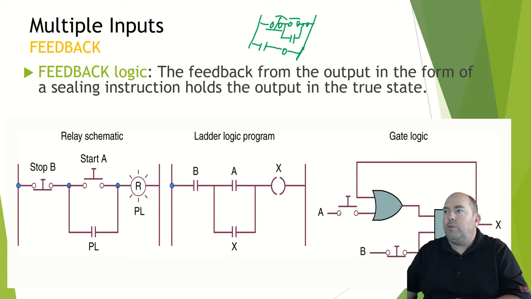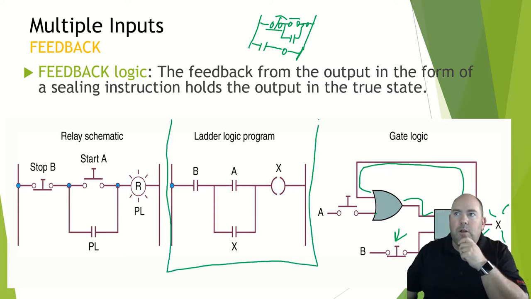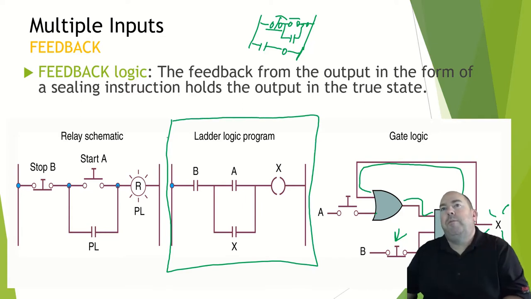Where if you push the button here, you get X to come on. Feedback up here holds that on, which seals this in. That stays on until you push that button. That is basically the same thing as we're doing here with ladder logic as well. This is a feedback or a sealing circuit.